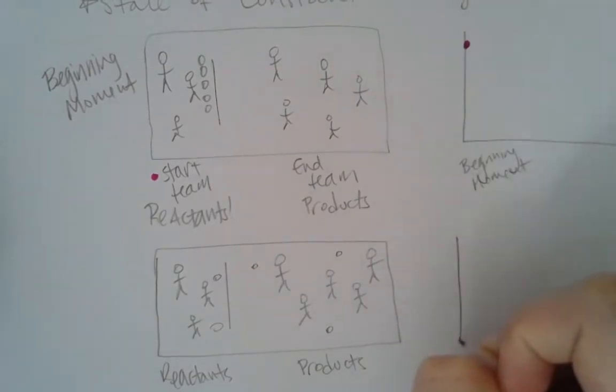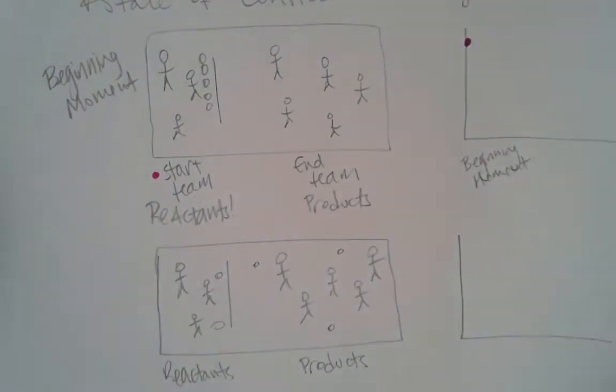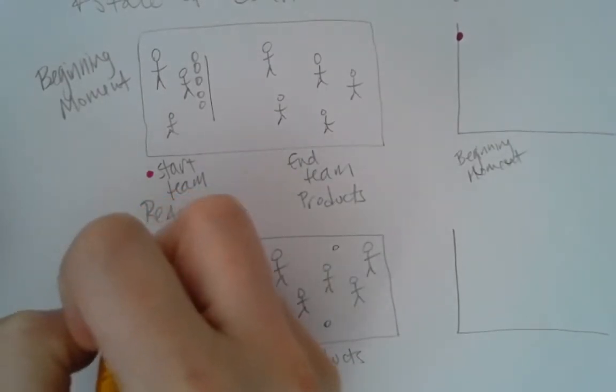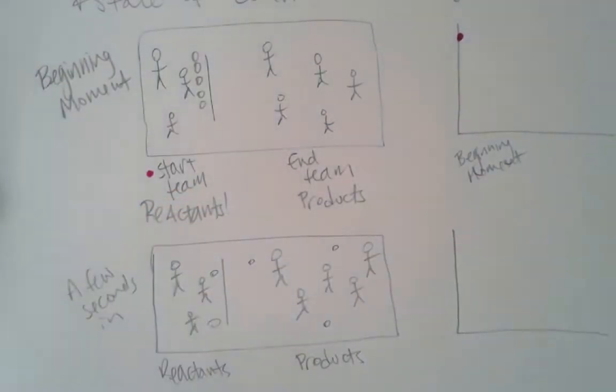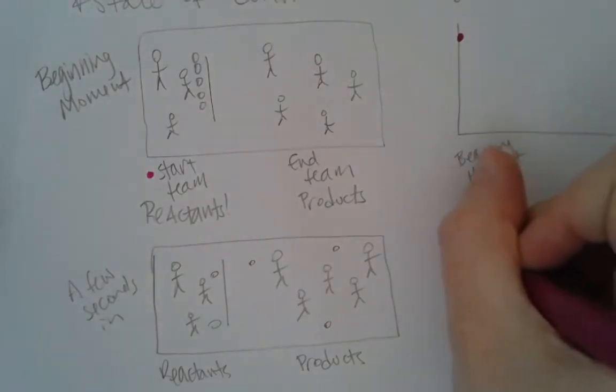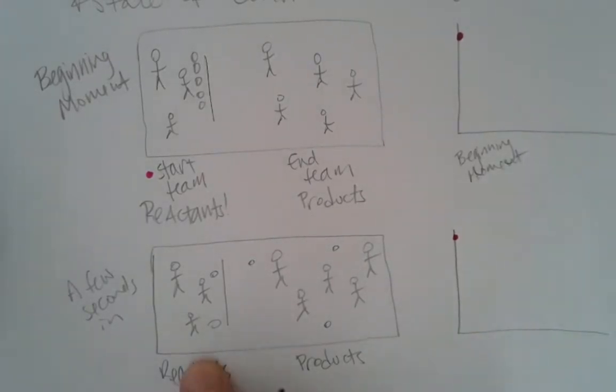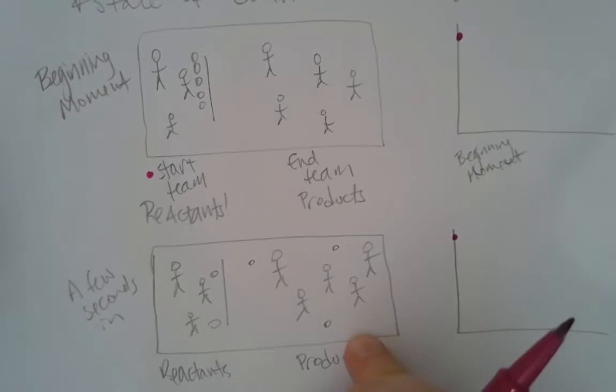What we're modeling is, this is a few seconds in, that in your reaction, in your game, some of your reactants have become products. Your start team threw their bouncy balls to the end team.